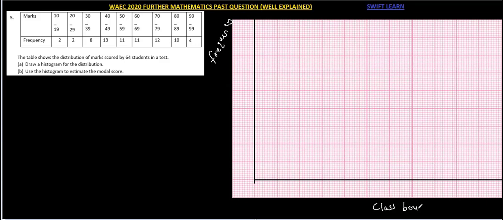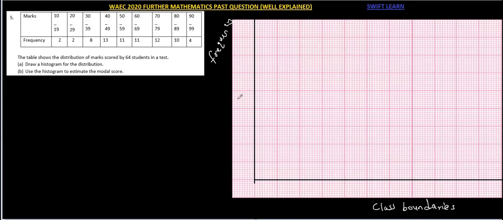You might be asking whether it will be the upper or the lower class boundary. Actually, you start from the lower boundaries. Remember we had 9.5 like that, so you start from 9.5.